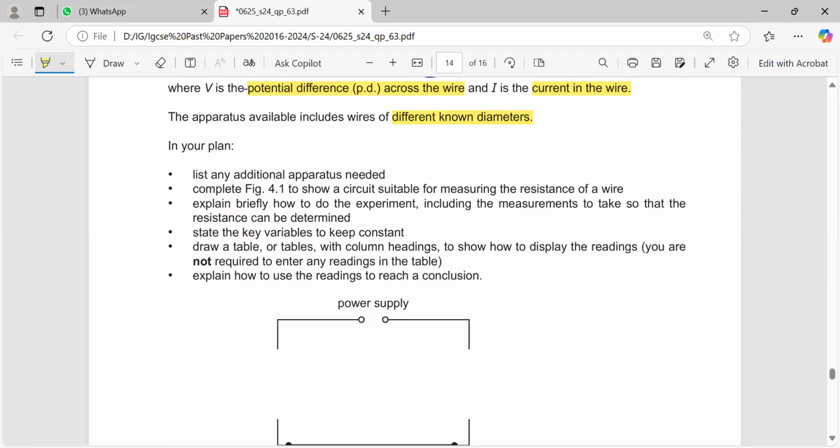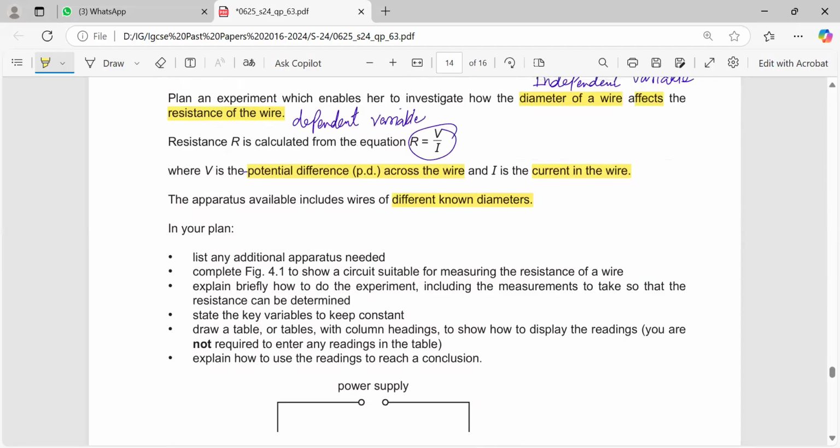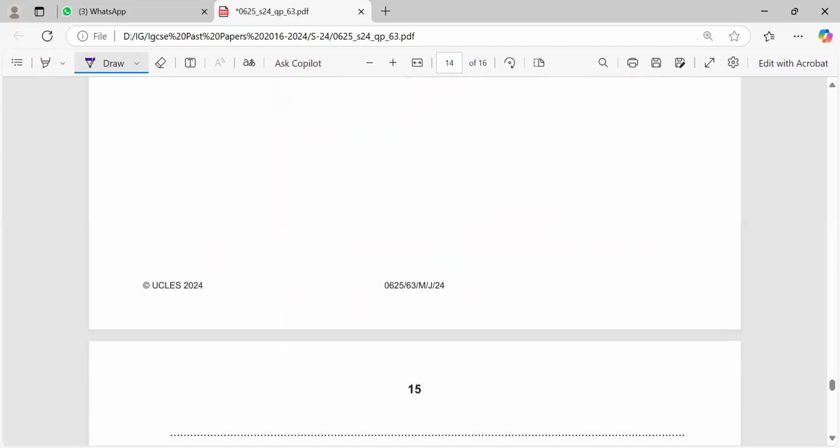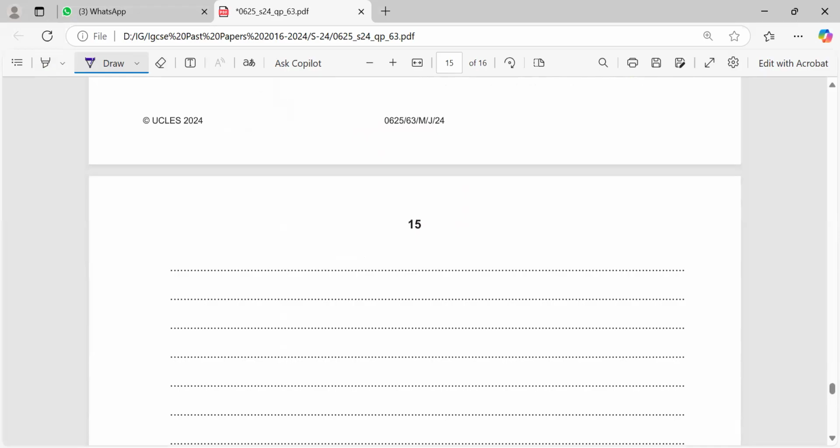First of all, we need to measure the resistance. We are having the wire of known diameter, but nowhere is it mentioned about the voltmeter and ammeter. So the student needs a voltmeter and ammeter.